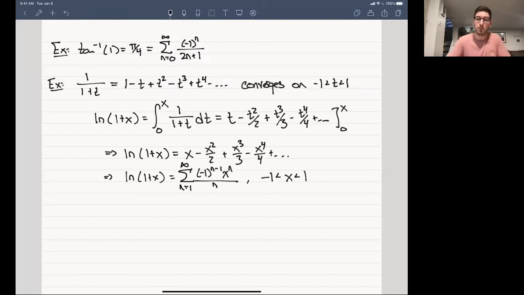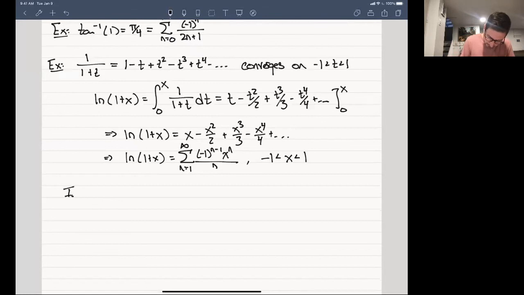We have a nice series representation of ln of 1 plus x. And maybe you're saying, okay, who cares? Well, I want to tie this back to something that I've been talking about a lot. Let's look at x equal to 1.